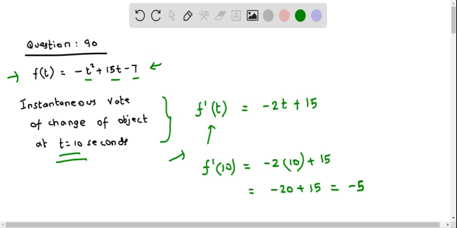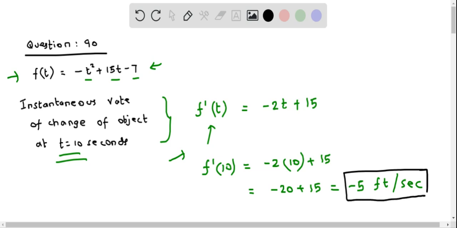The unit of this instantaneous rate of change is feet per second. So negative 5 feet per second is the instantaneous rate of change of the object at t equal to 10 seconds, and that is the answer to this question. So you can choose option 1.